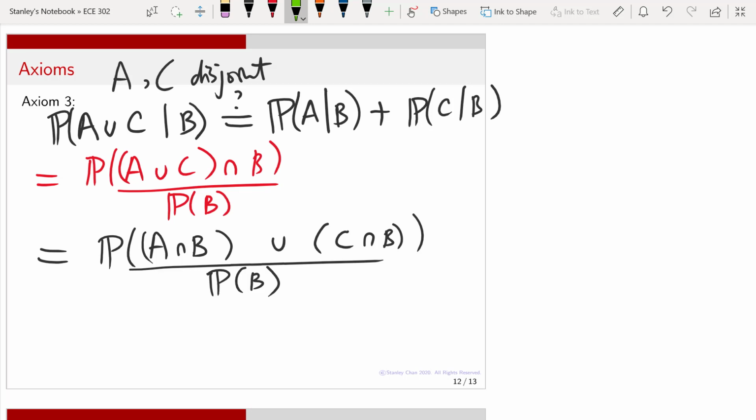Now note that this is the intersection between A and B, and here is the intersection of C and B. But C and A are disjoint already, and therefore there's no way for these two to have any overlap.